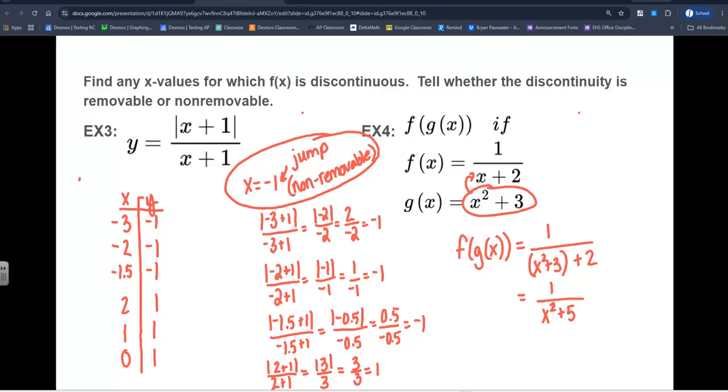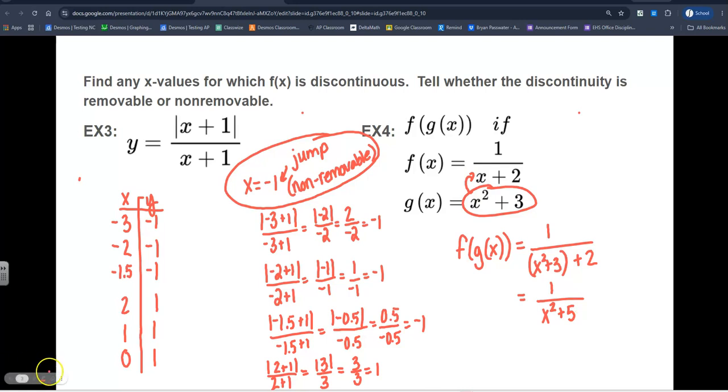Positive, no matter what number I plugged in, right? As long as it's a real number. And then I add 5 to it. Could it possibly equal 0 by doing that? A positive number plus 5 is always going to be positive, right? So this has no discontinuities. Even though f does have a discontinuity by itself, f of g of x does not have a discontinuity.